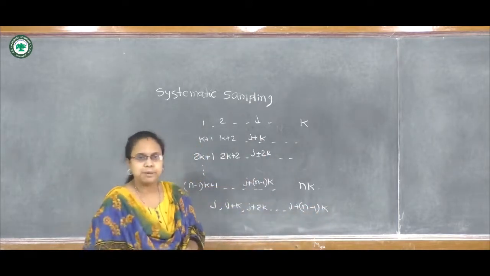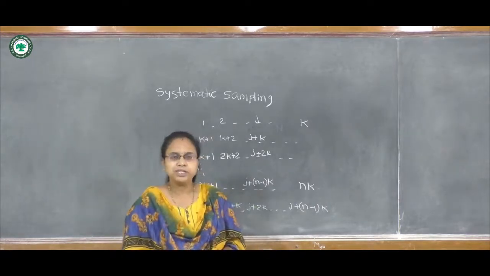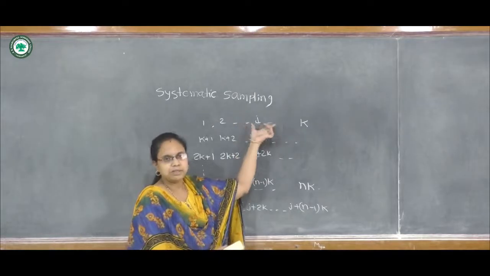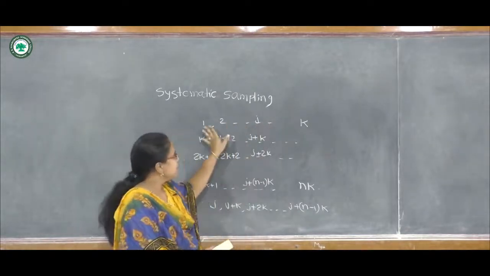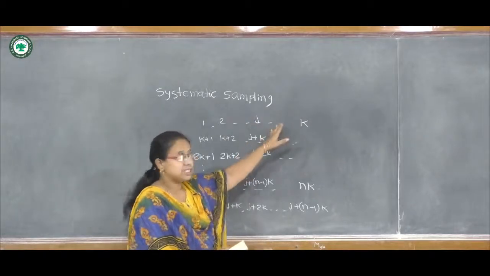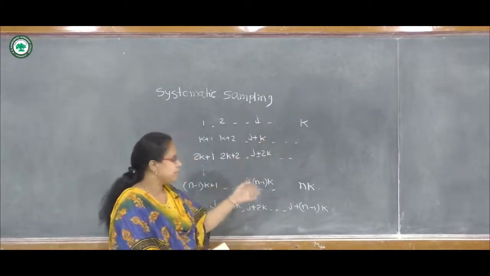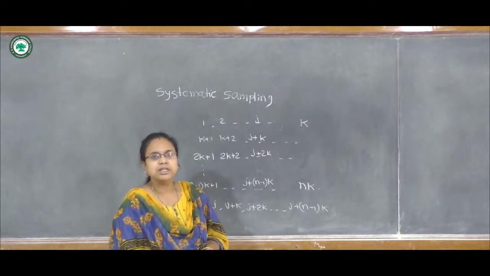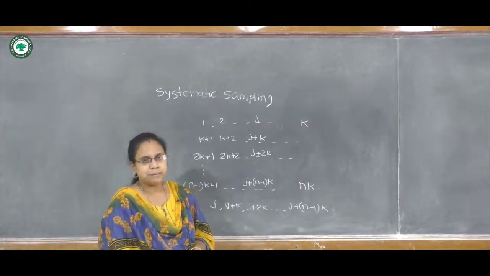So this is our sample, means only one unit is selected by any method. We can select by simple random sampling any one unit from these k units, and the remaining observations in the sample get automatically selected. So this is the systematic sampling method.